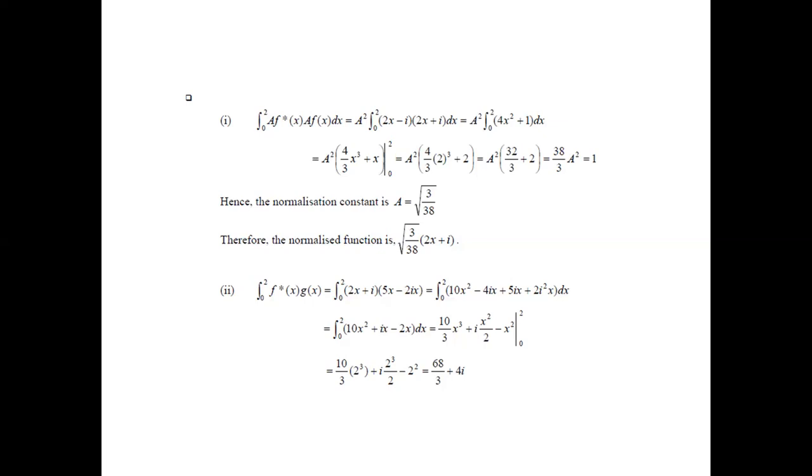Equals the integral from 0 to 2 of 10x squared minus 4ix squared plus 5ix plus 2i squared x dx. That gives you the integral from 0 to 2 of 10x squared plus ix minus 2x dx. If you carry out that integration, you arrive at 68 over 3 plus 4i.